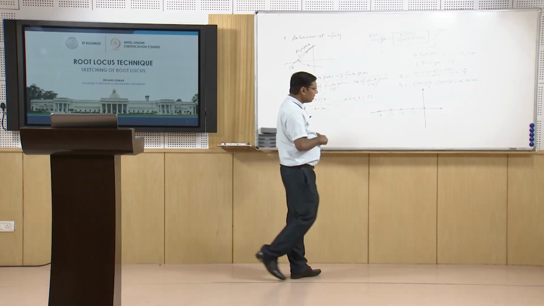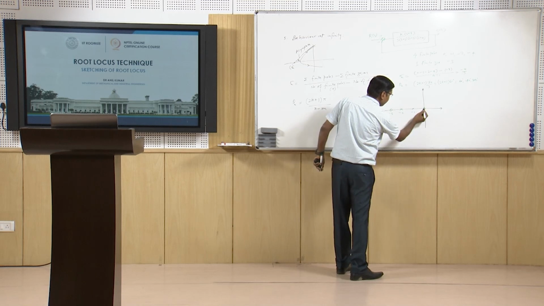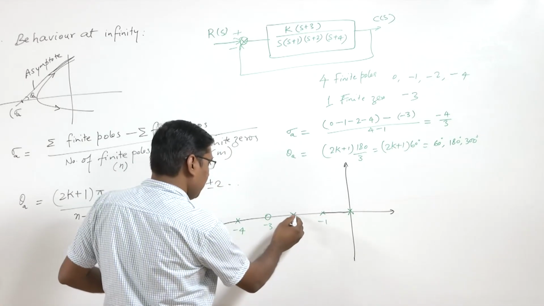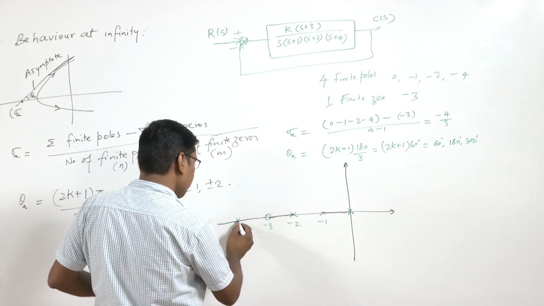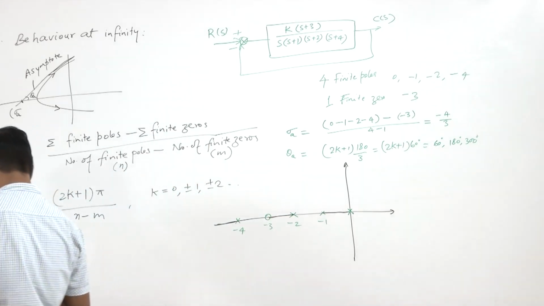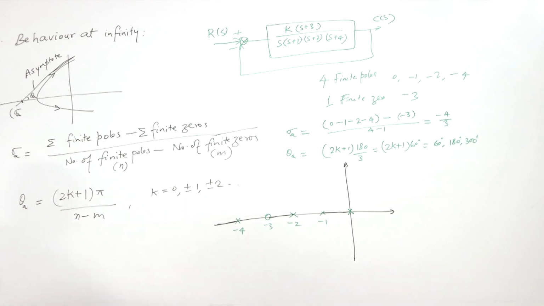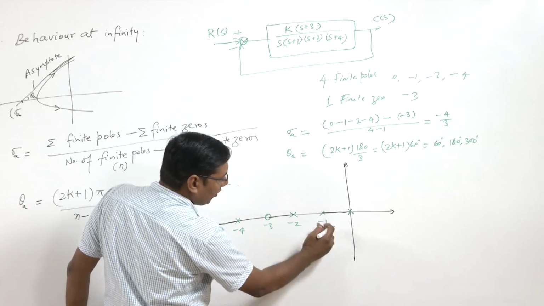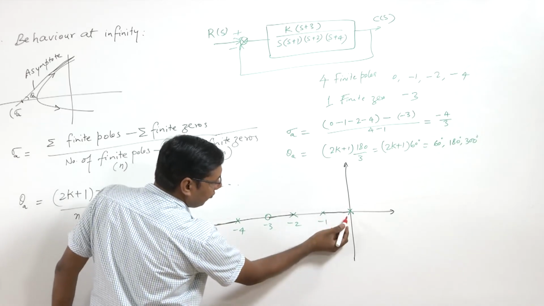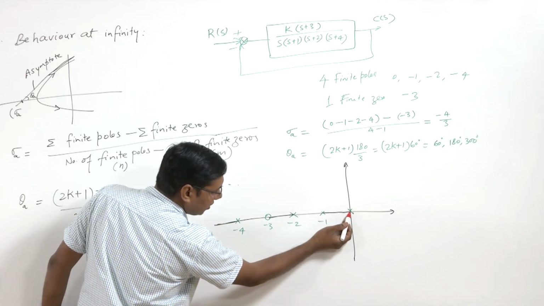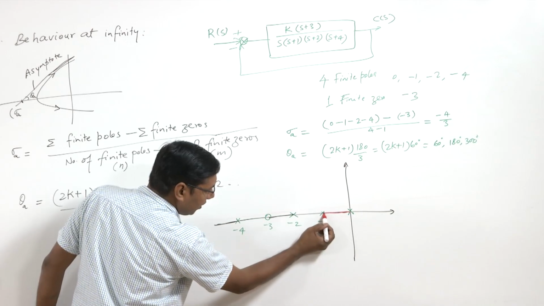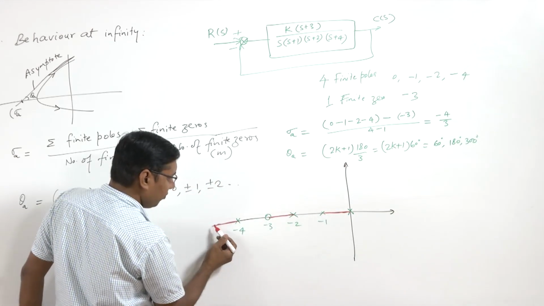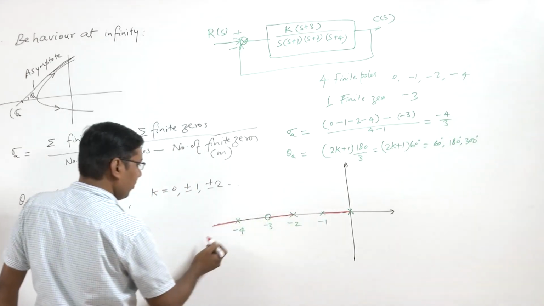We can see that the root locus will exist in this real axis segment, in this part and this part, because the root locus exists to the left of an odd number of poles or zeros. So here it is left of this 1, left of the 3 and left of this 5. 1, 2, 3, 4, 5.